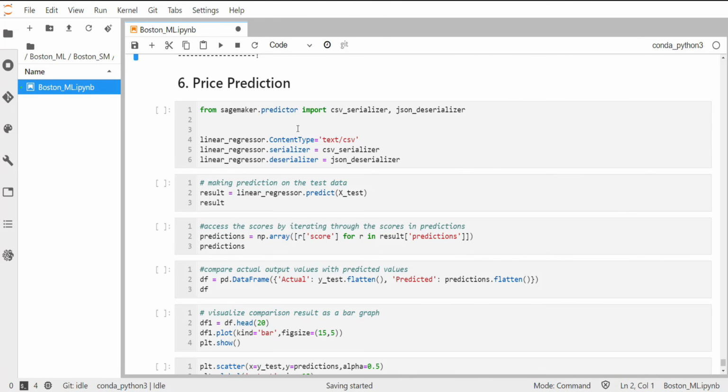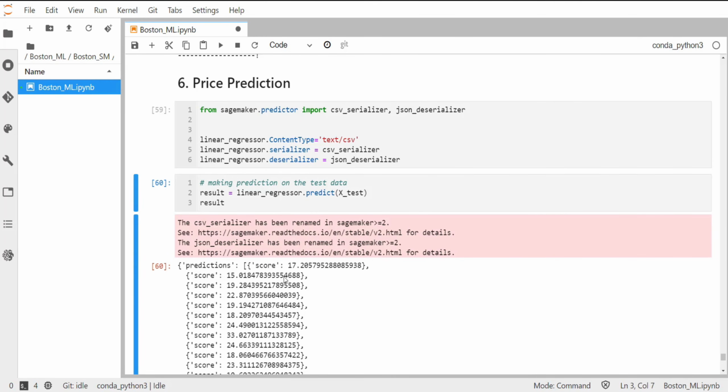Also declaring here the content type, the serializer, and the deserializer. We have already discussed the details of all commands that we used here in our previous project section, so I won't be discussing it in detail now and moving forward as well. Now let's start our prediction and save results in the result variable. Let's run this cell.